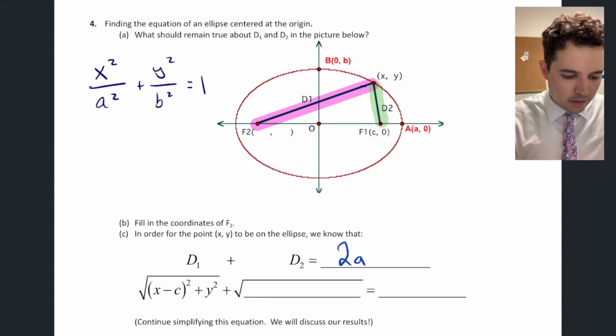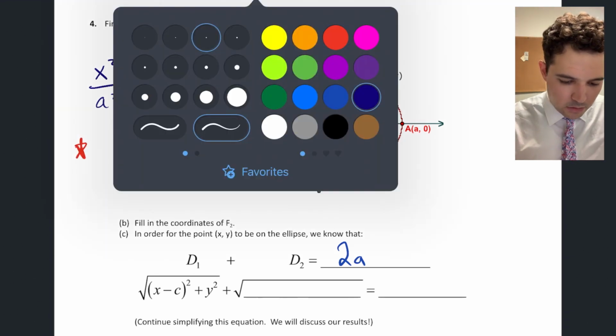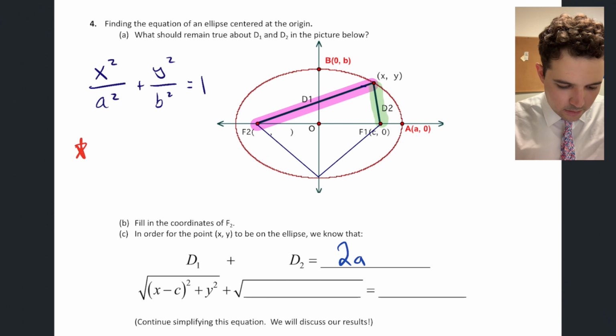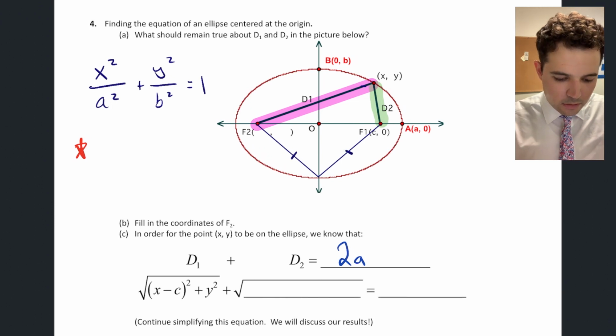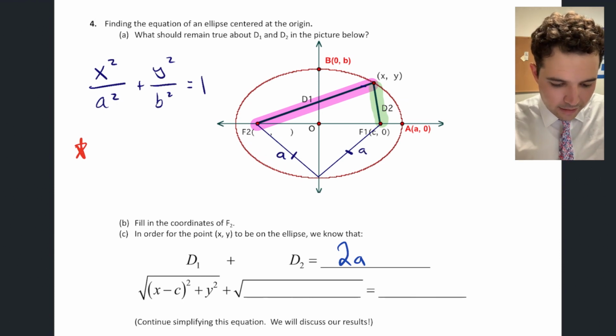I also want to keep in mind another piece of information we found. When we took the string and dragged it to that bottom or upper vertex, we saw that those lengths were the same. So since the whole thing is 2a, each individual length is just a.